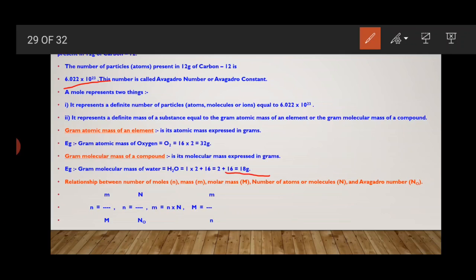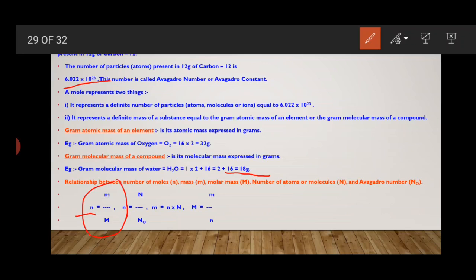The relationship between moles, mass, molar mass, the number of atoms or molecules and Avogadro number is basically this: n is represented by mole. Mole is equal to given mass upon gram atomic mass or gram molecular mass.